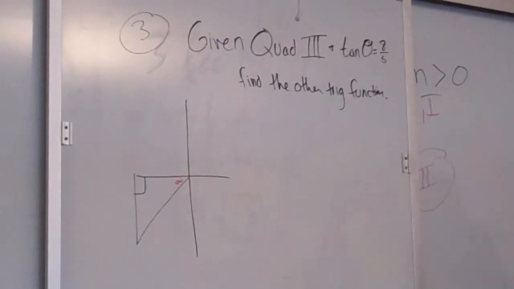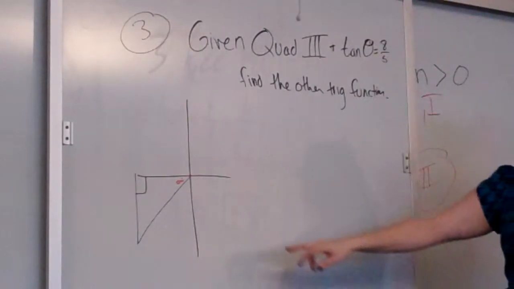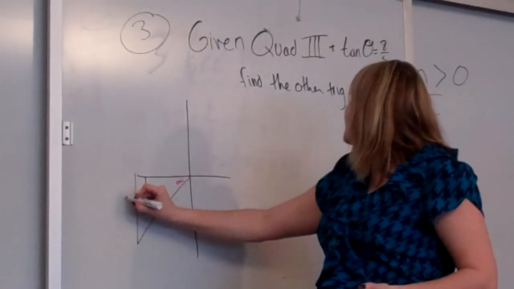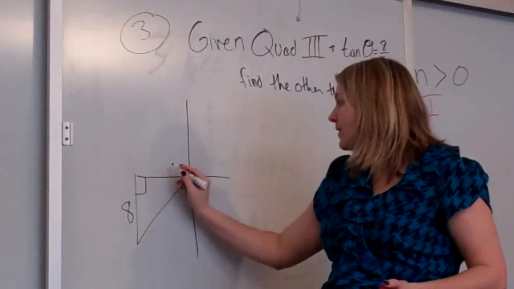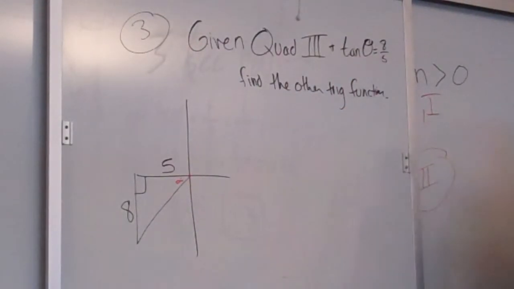Now, tangent is opposite over adjacent. So from this angle, this is opposite. This is adjacent. But look at it. Does that make sense in respect to what quadrant it's in? Well, if they're both negative, then it's going to be positive.